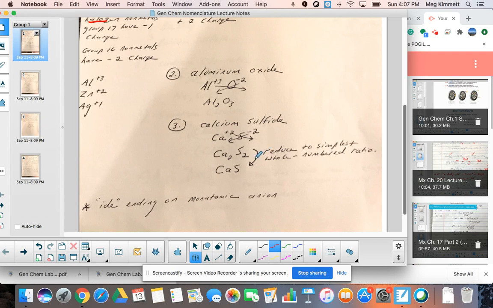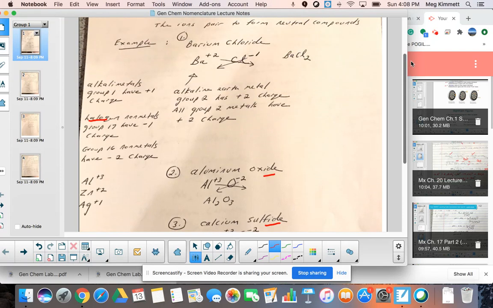We always want to reduce to the simplest whole numbered ratio, and it would become CaS, and it would not be Ca2S2.